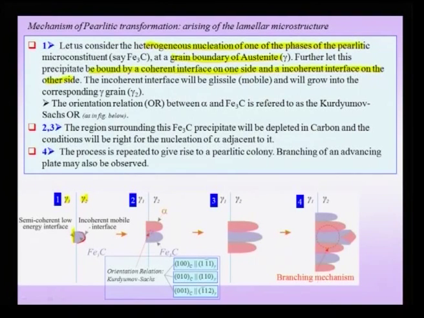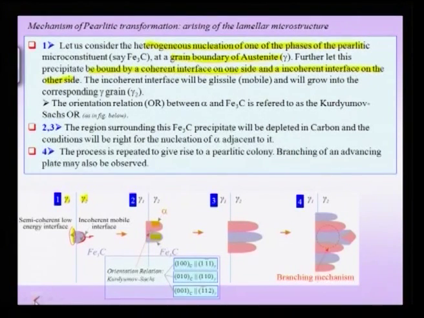I would notice that the incoherent interface is more mobile or glissile as compared to the coherent or semi-coherent interface, and therefore this side would grow as compared to the opposite side.